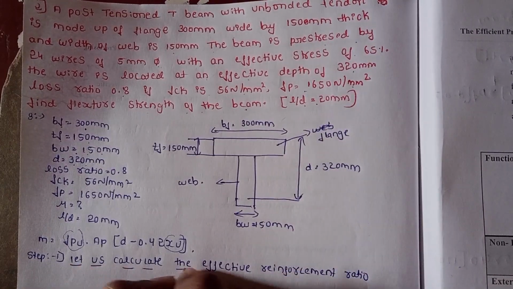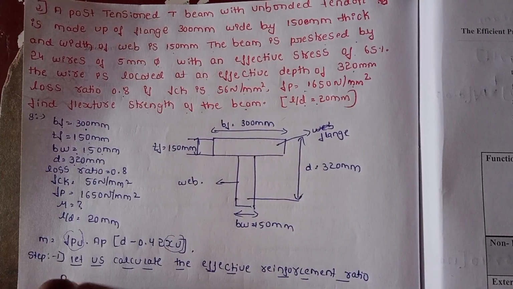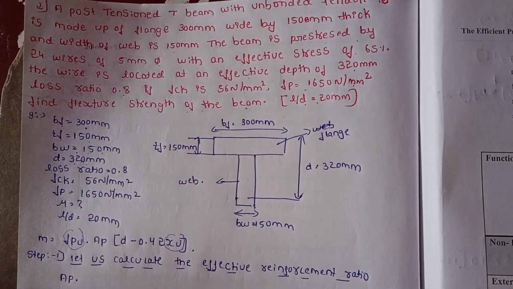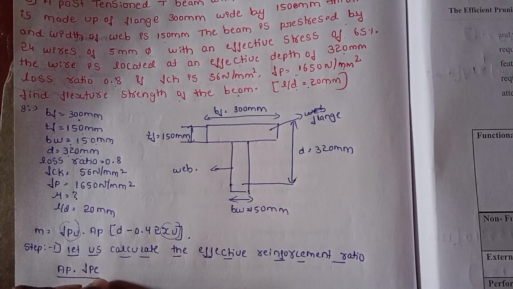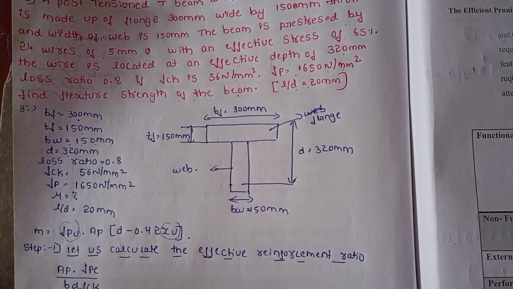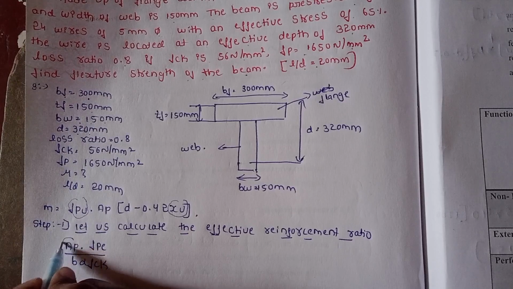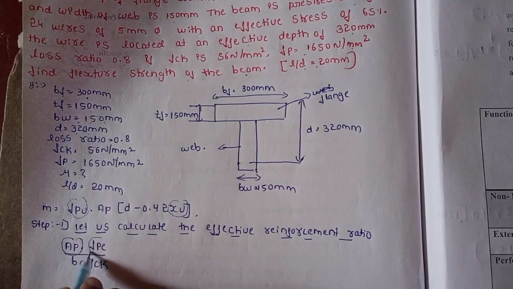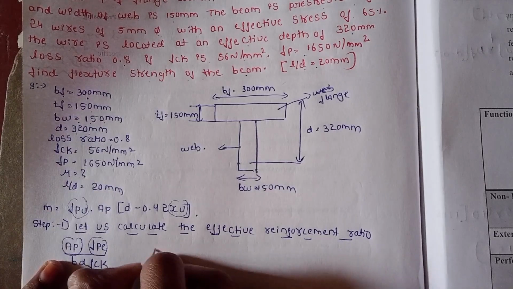Okay, this is first step. So the formula is AP into FPE divided by B D into FCK. Now here we don't know AP value and FPE value.